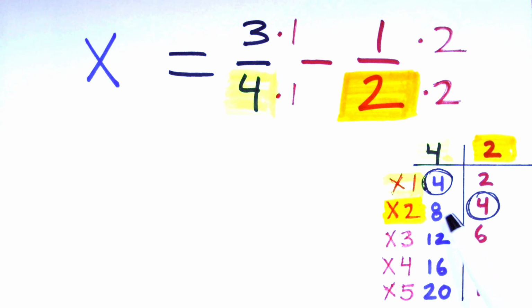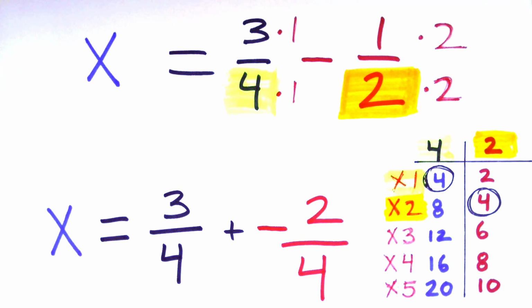So you can see here they both share a product of 8. But there's a smaller value they both share, and it's 4. I multiply 4 times 1, top and bottom, and I'm going to multiply 2 times 2, which gives me 4, top and bottom.